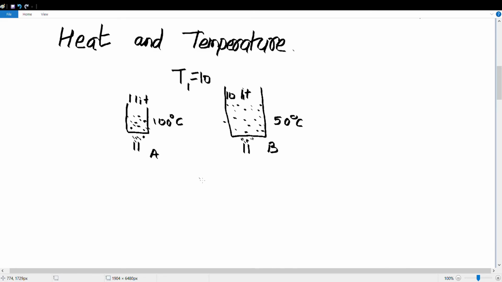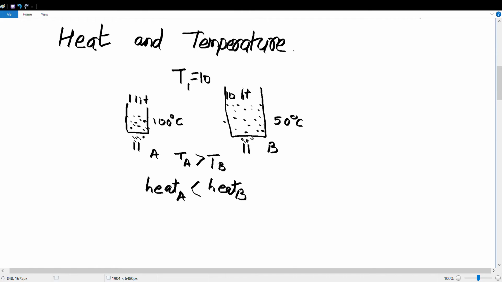No. Although the temperature of pot A is greater than the temperature of pot B, the heat which is absorbed by pot A is less than the heat which is absorbed by pot B.